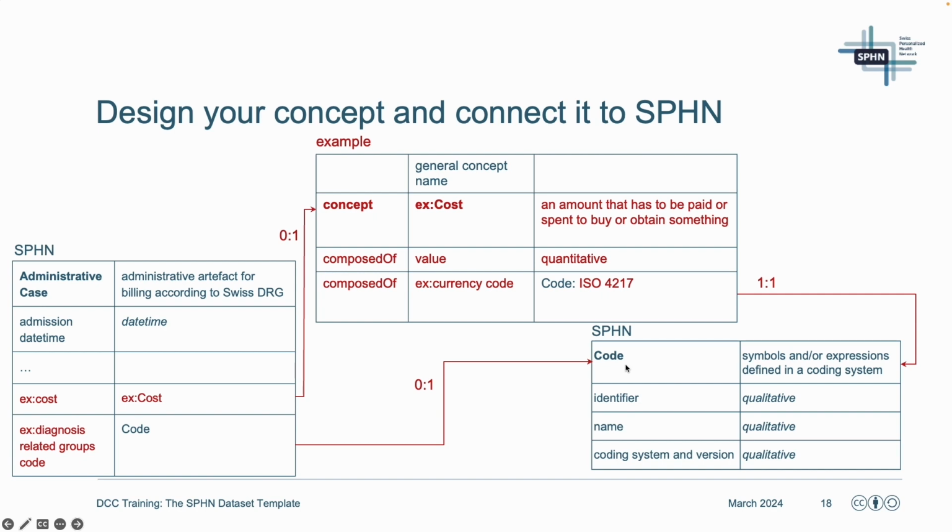Finally, fill in the cardinalities that are needed for each newly added composed of. Here, the administrative case can have at most one cost and one diagnosis-related group code. The cost, however, must have at least one and only one currency.